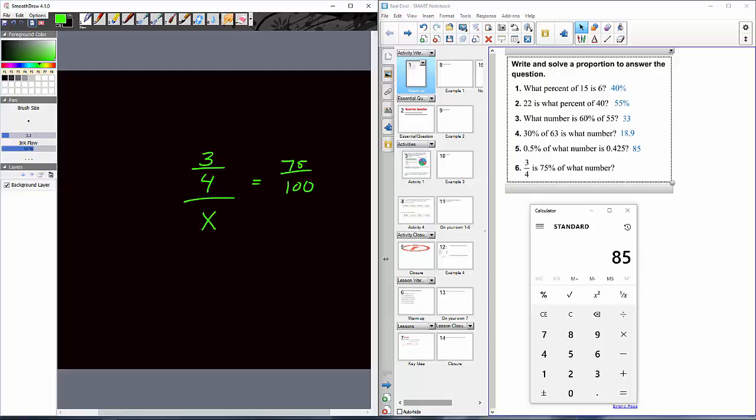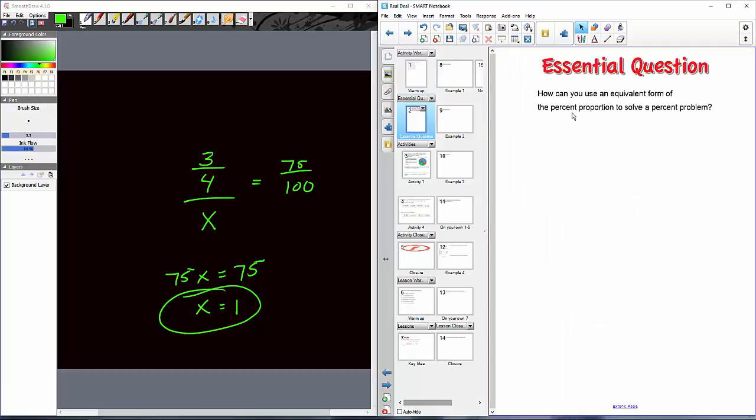So this would become 75x equals 3 times 100, which is 300, divided by 4, which is 75. So x equals 1. And that makes sense: 3/4 is really 75% of 1. So that's a quick review.